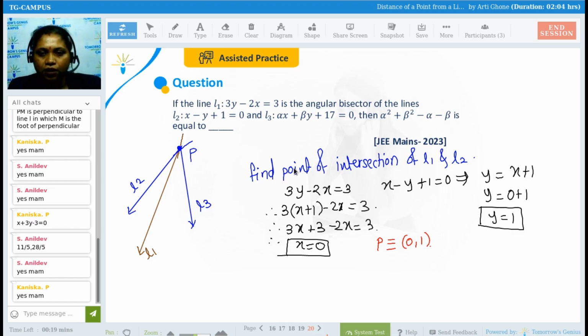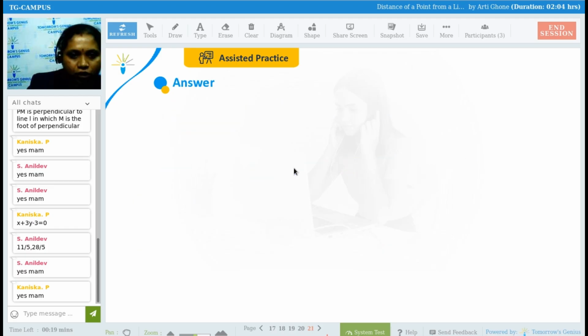Got it? Clear? Now, we know that P also lies on L3. P is the same point which lies on L3. So what we can do is put the point P in the equation of L3. Okay, so what will be the next step of calculation?